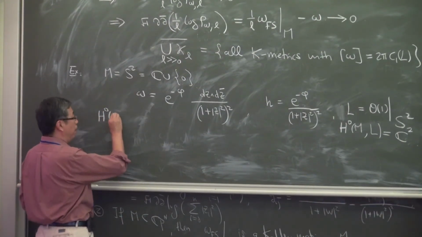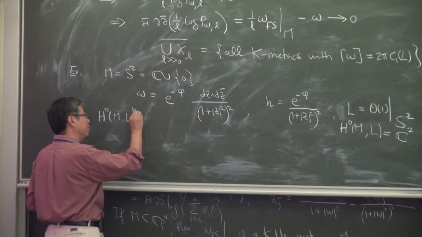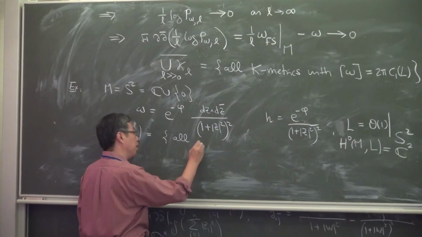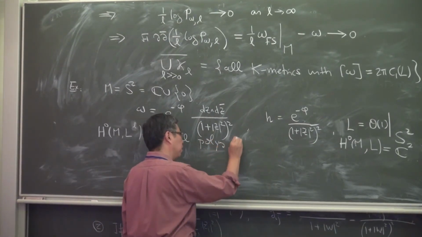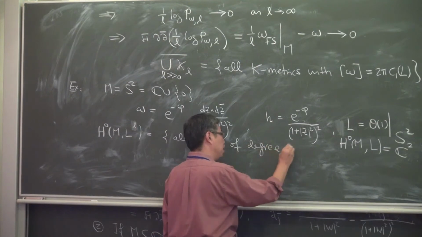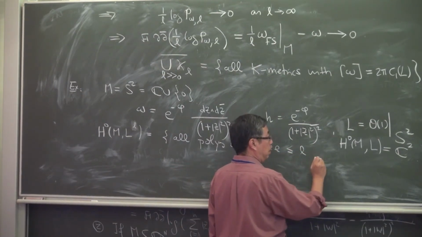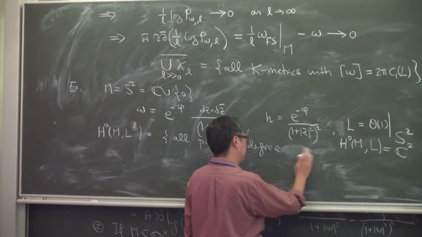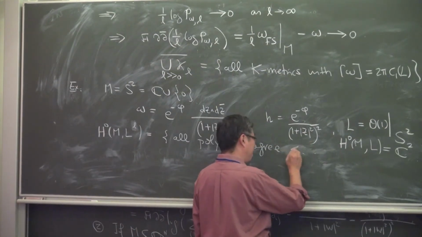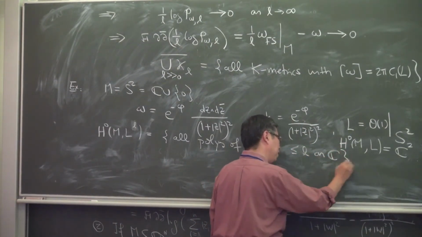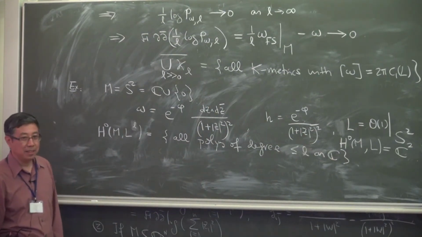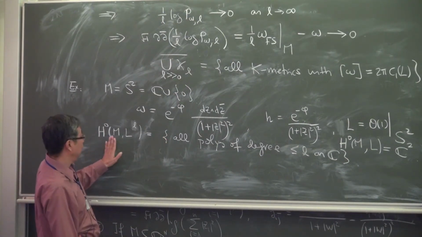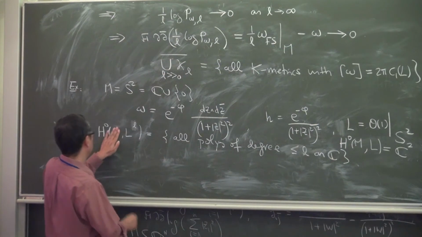And H0 for M, L, okay, maybe I'll not use the L, is just all the polynomials of degree less than or equal to L on C. On all the polynomials of degree less or equal to L on C. No, it's because I want to identify with one open set.